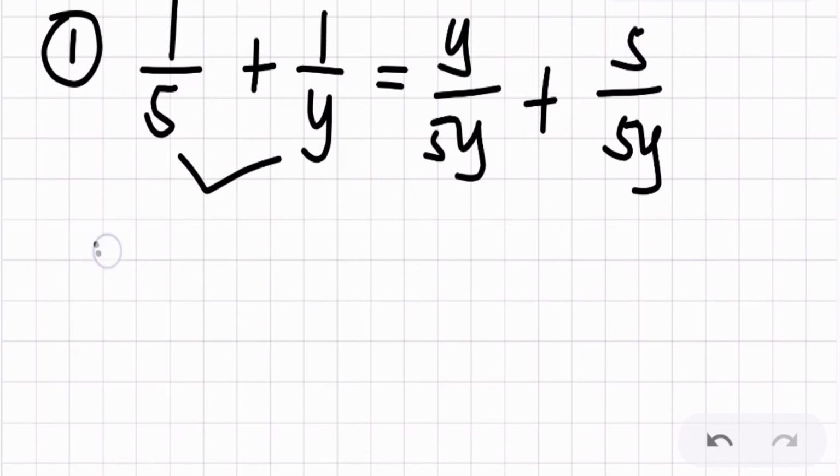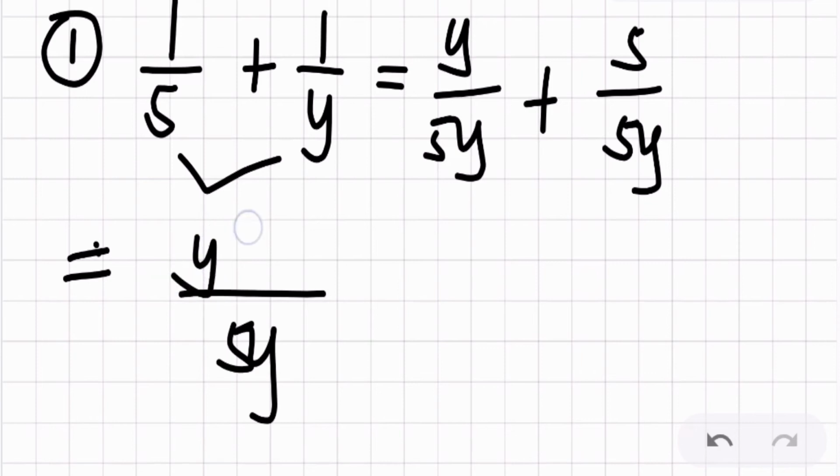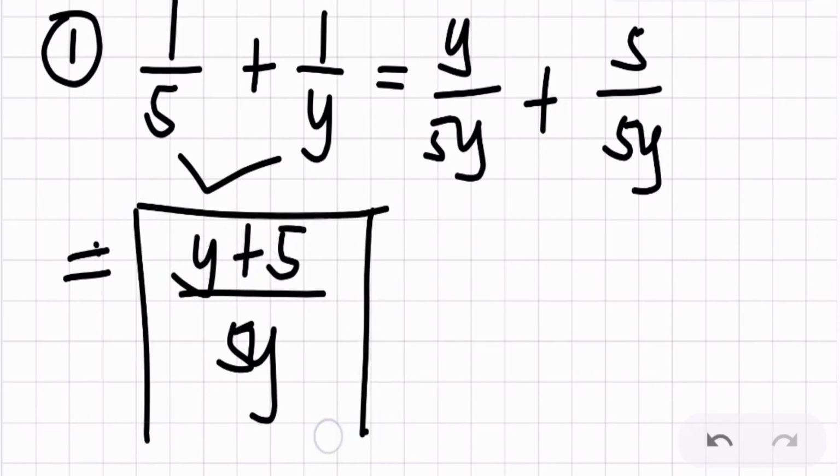So we will have the common denominator, which is 5y, and y plus 5 for the numerator. So this is now our final answer, since we can no longer simplify this one.